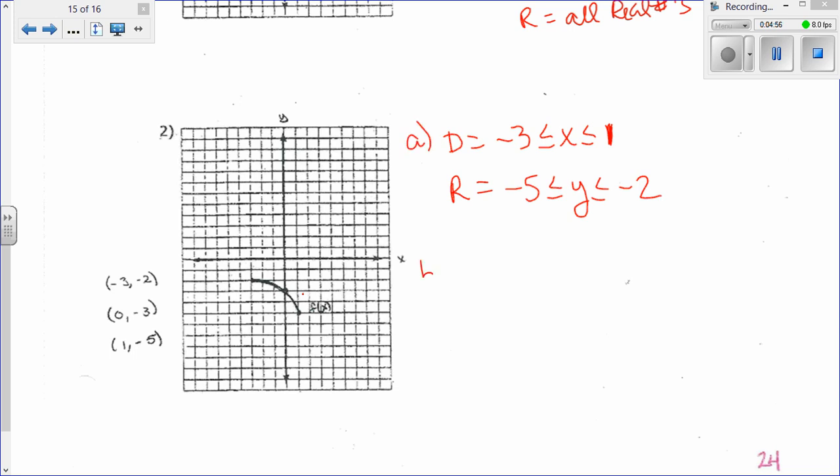So that was part A. Part B is to graph it. Again, I wrote the points, the coordinates over on the left-hand side here. So I'm going to use those, and I'm going to switch my x and my y. So it's (-2, -3), (-3, 0), and (-5, 1). Now I need to plot those points. (-2, -3), and then (-3, 0).